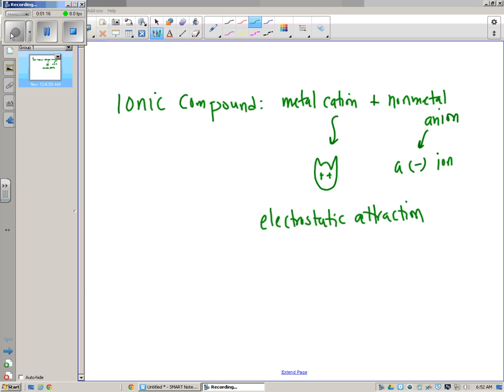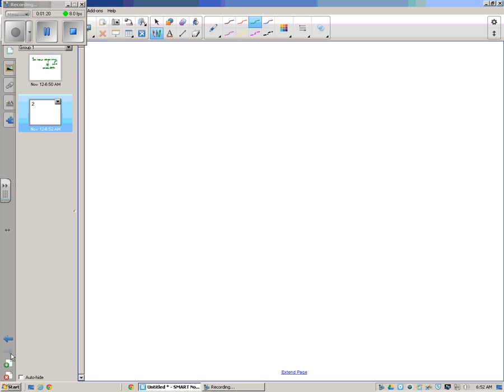Now, you need to know the rules for writing ionic formulas and then the rules for naming ionic compounds. First, when you are writing ionic formulas, there are a few rules to follow.